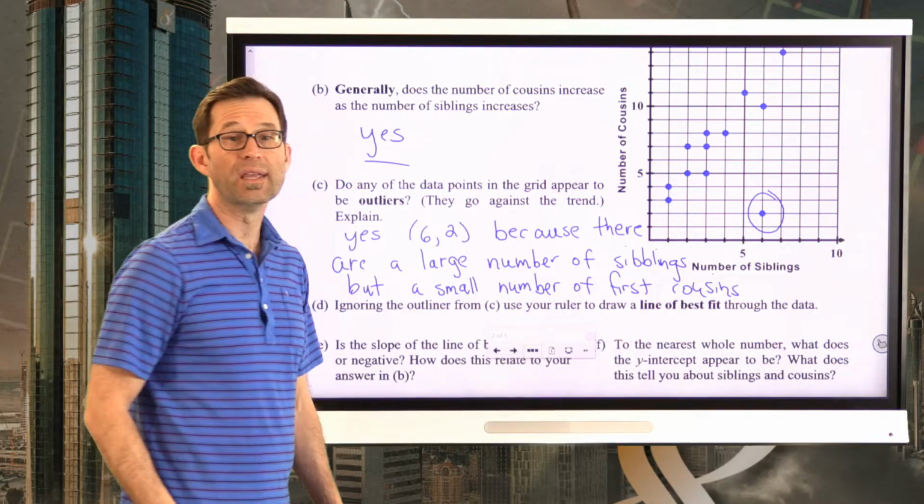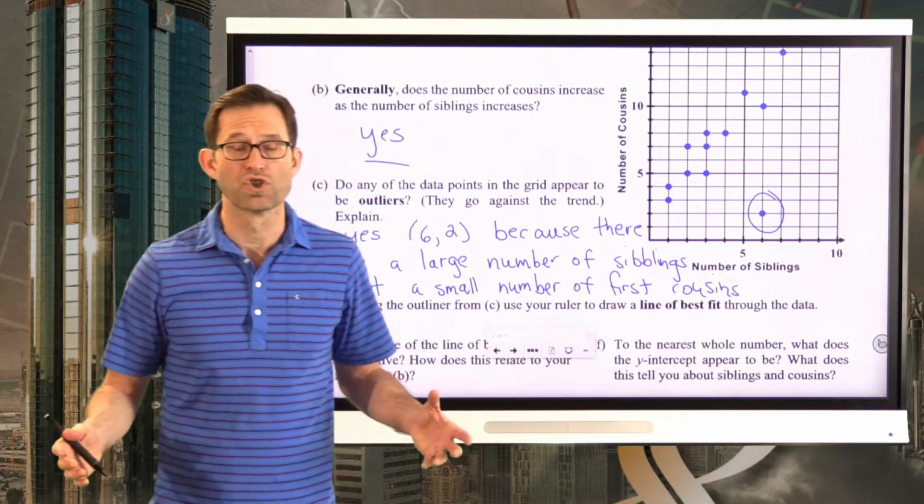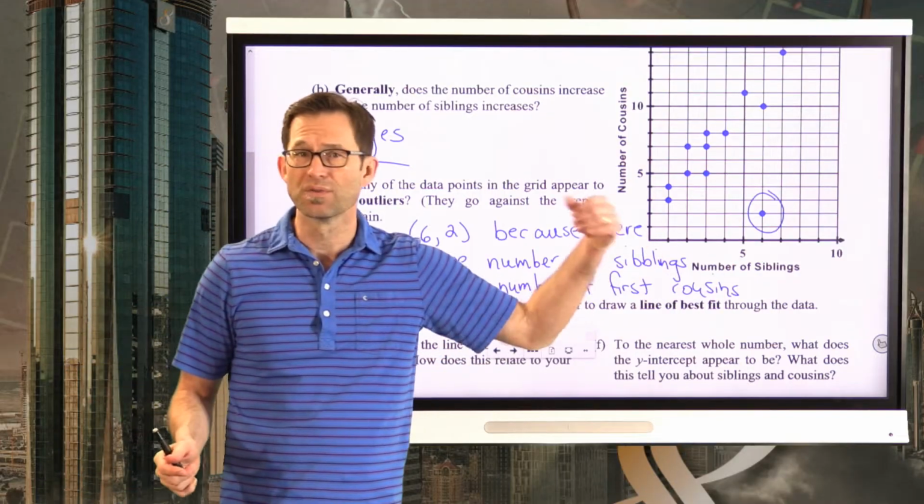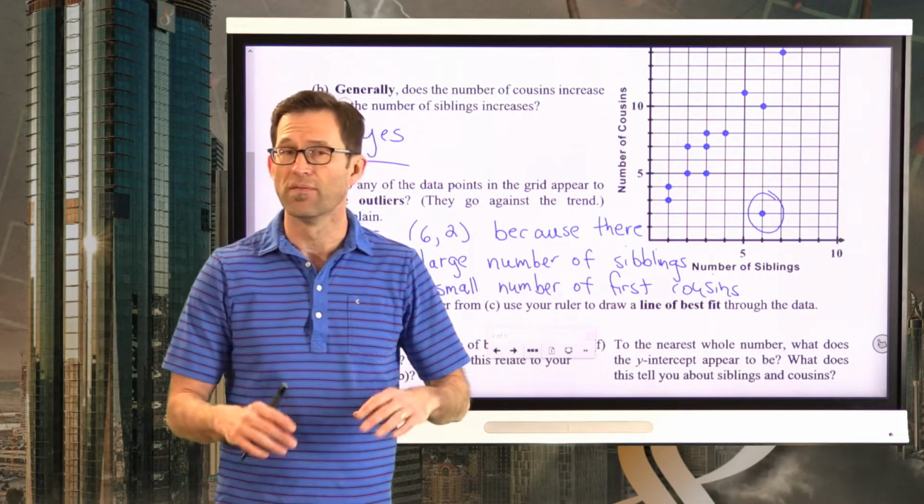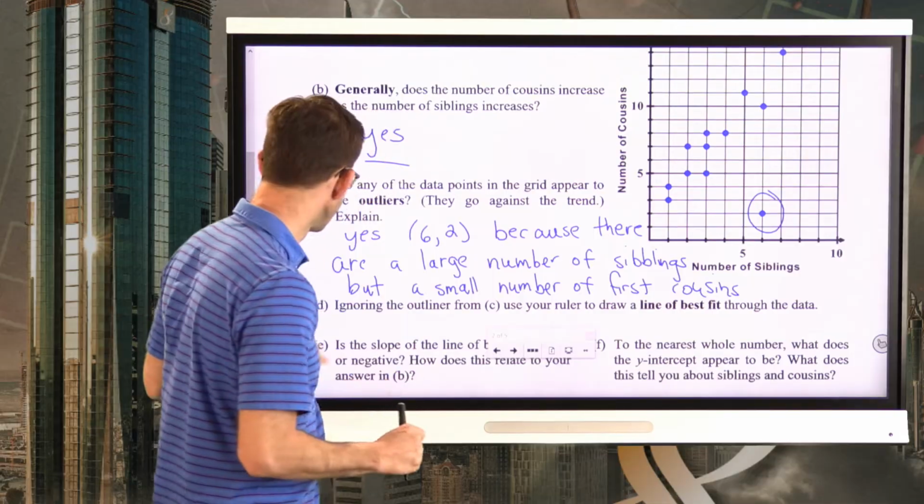This certainly isn't a perfect linear relationship in any way. You could have somebody who's got 6 siblings, but very, very few first cousins.